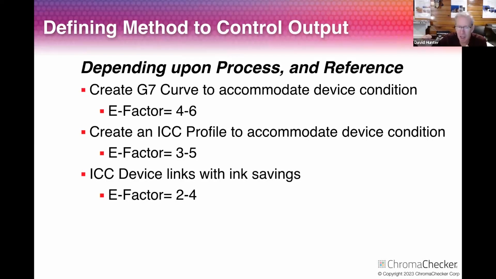But if that's not good enough, you can build an ICC profile for that Indigo and get it down to maybe a 3. And if that's not good enough, you could build a device link, reducing volatile ink mixes, and get it down to closer to a 2.